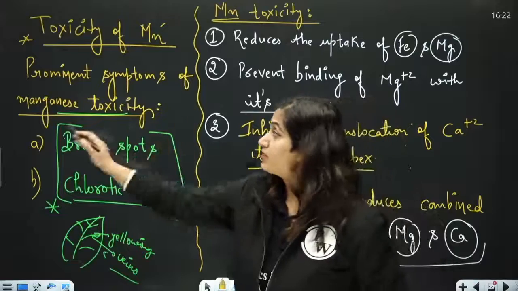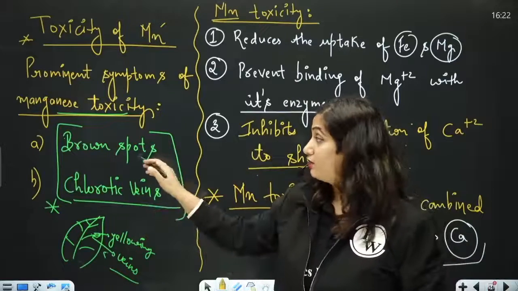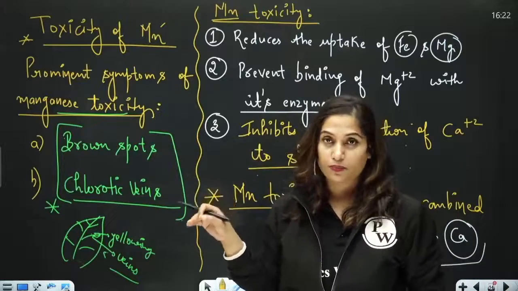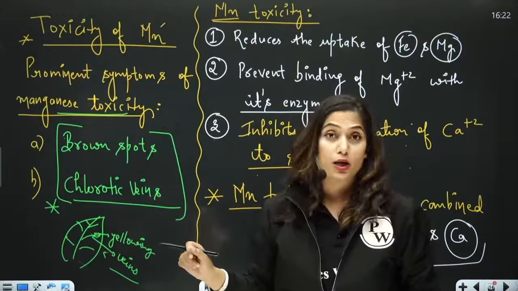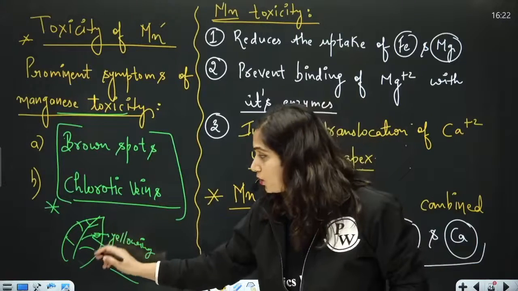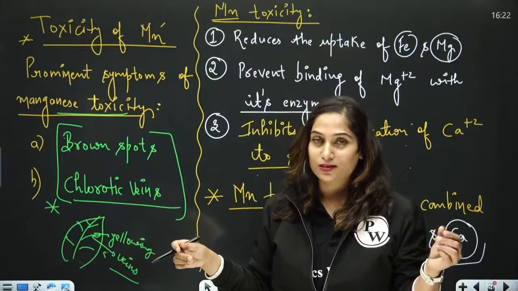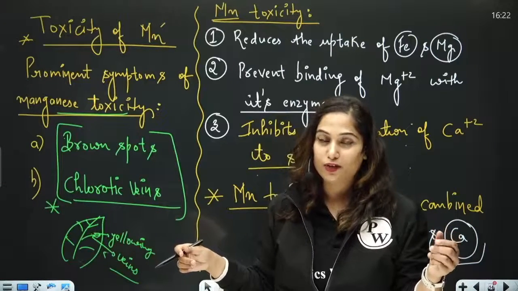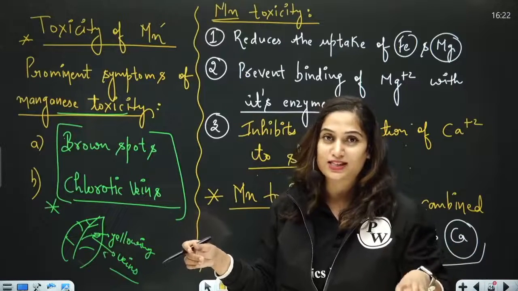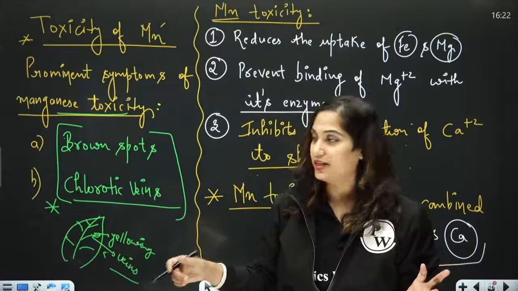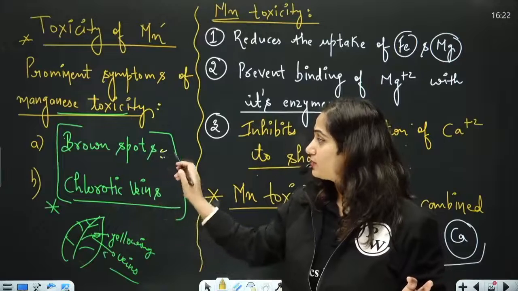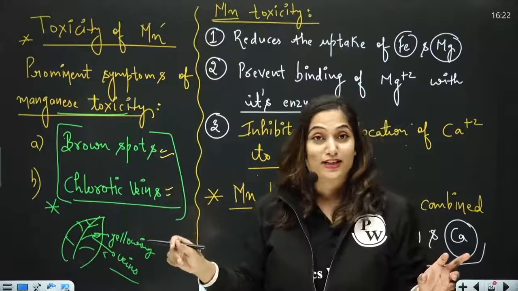The two prominent symptoms are, first, the brown spots, and second, the chlorotic veins. You know what are veins on the leaf? The leaf gets yellowed. There is yellowing of leaf around the area of veins. This is called chlorotic veins. So these are the two prominent symptoms of manganese toxicity.